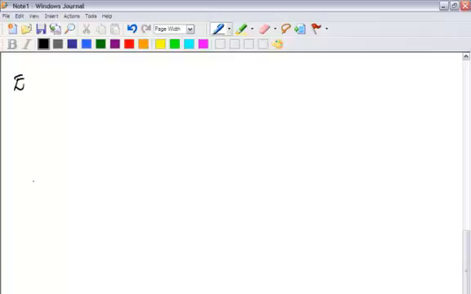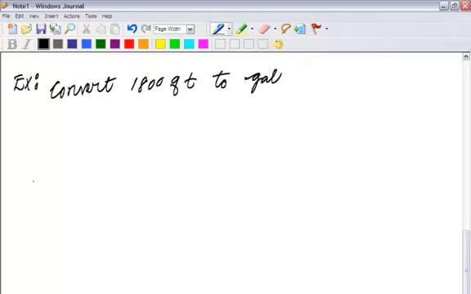Let's say the question is to convert 1800 quarts to gallons.